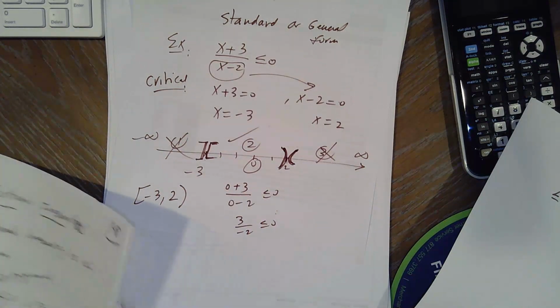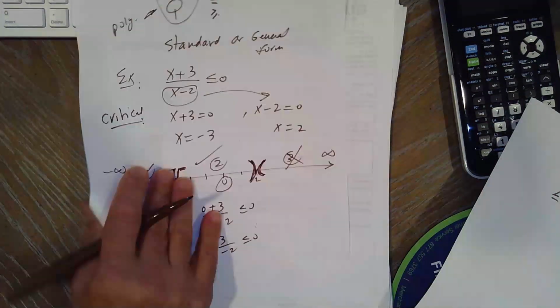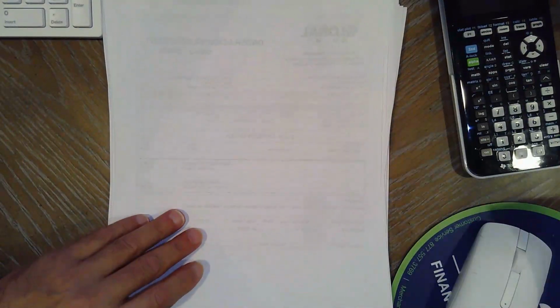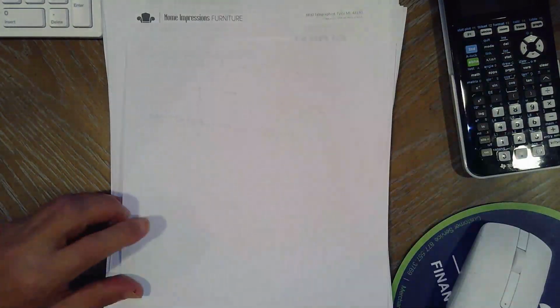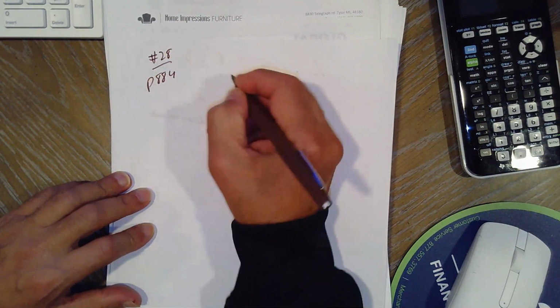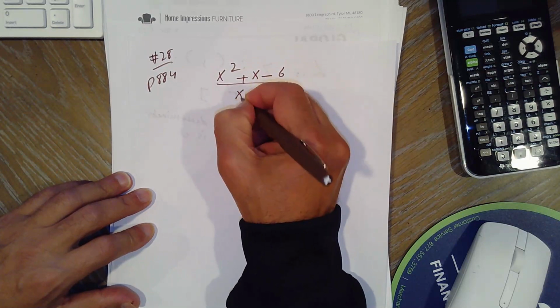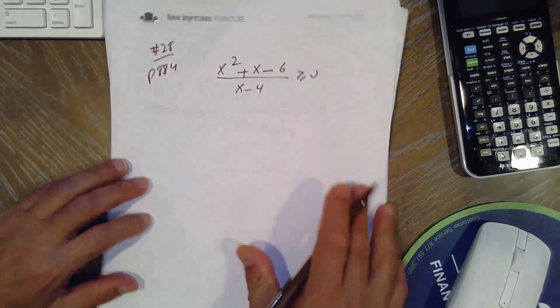Let's look at number 28, page 884. x squared plus x minus 6 over x minus 4 is greater than or equal to 0.